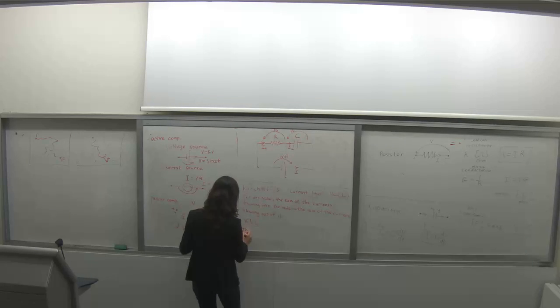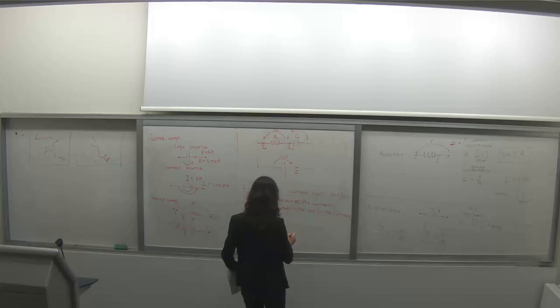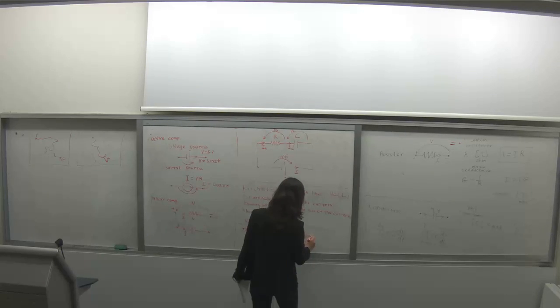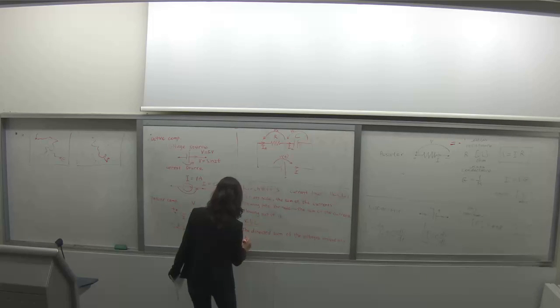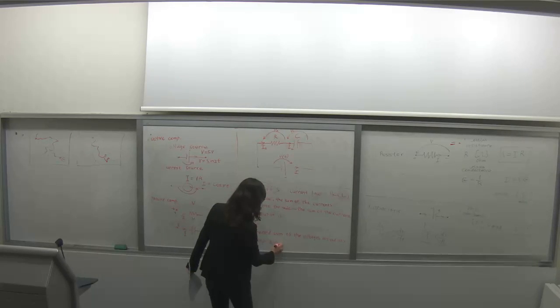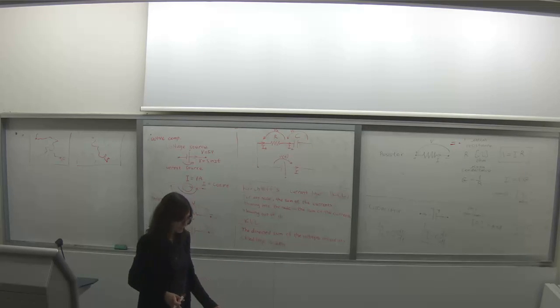The directed sum of the voltages around any closed loop is 0. You can copy it and we'll take a break, and I'm starting at 11. Please be back.